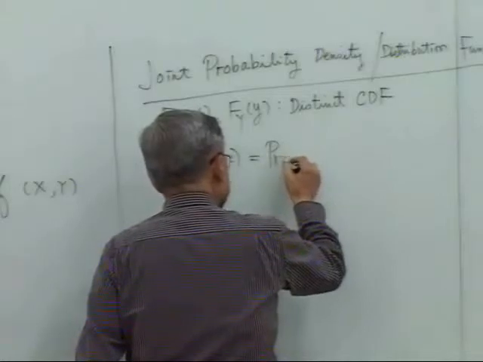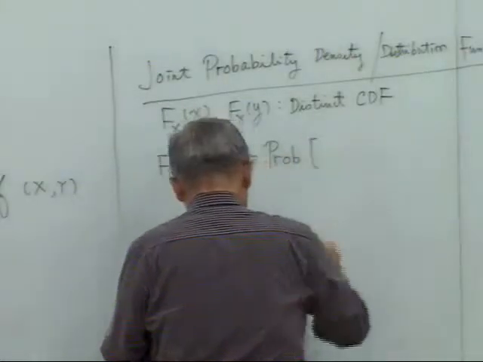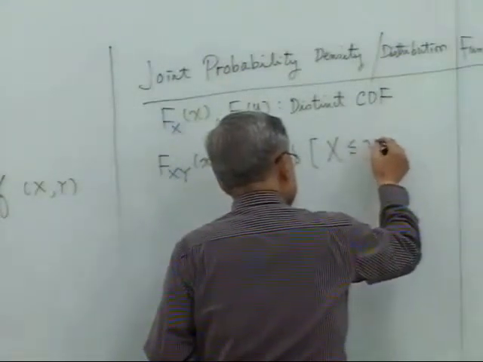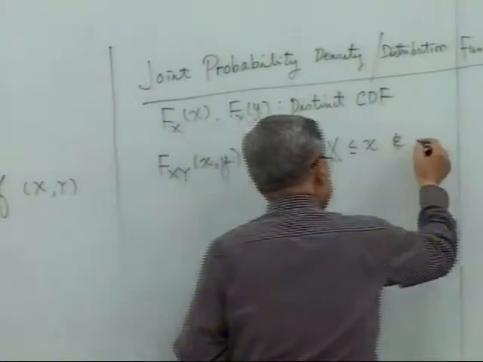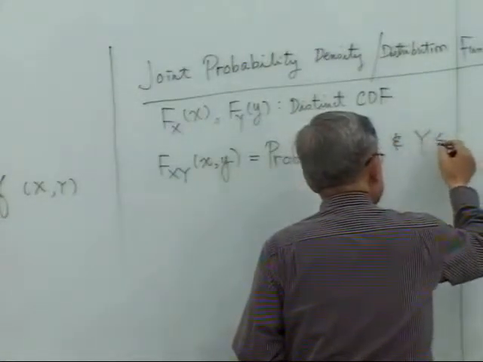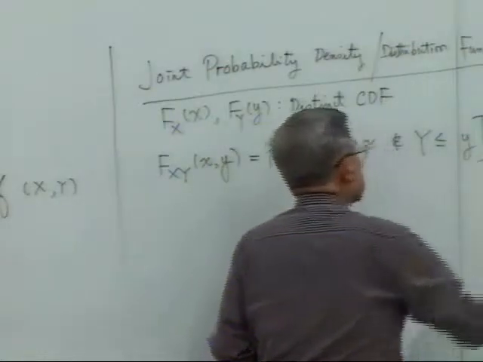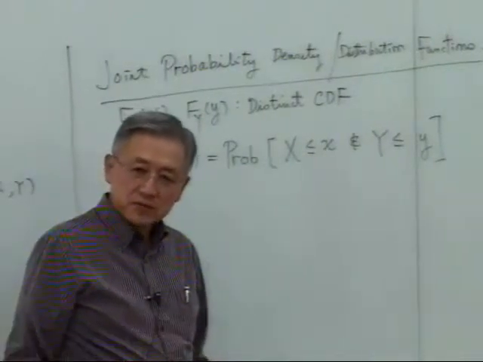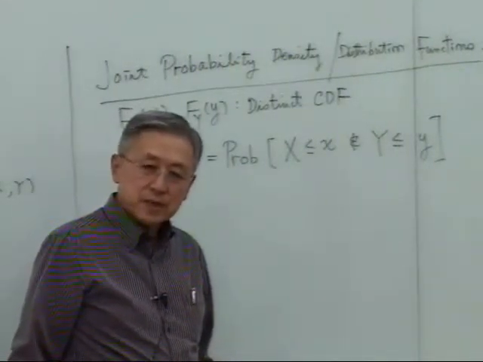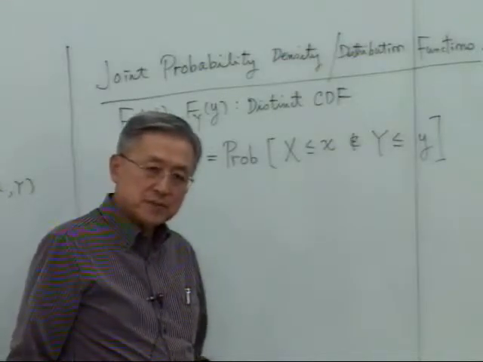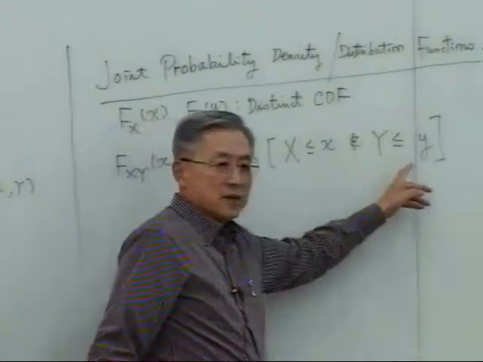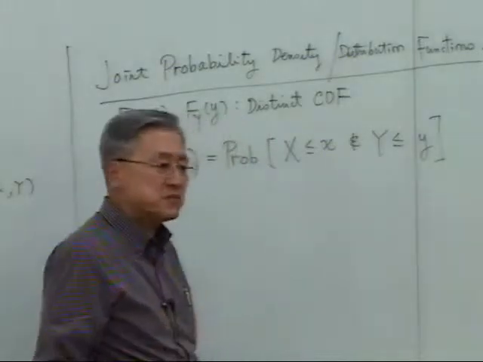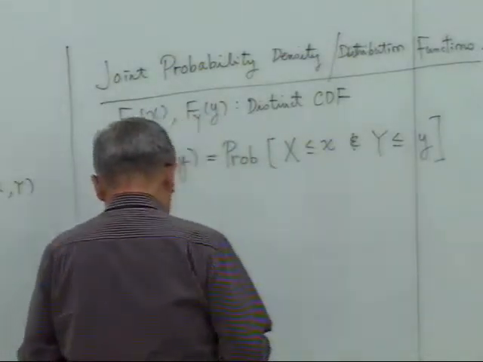This is a probability such that X is less than or equal to x and Y is less than or equal to y. So capital X and Y are random variables, and small x and y are the specific values.